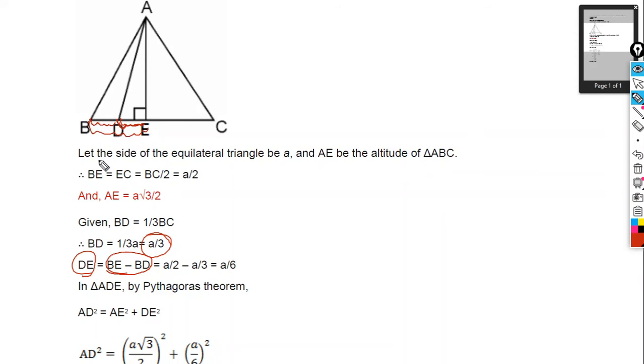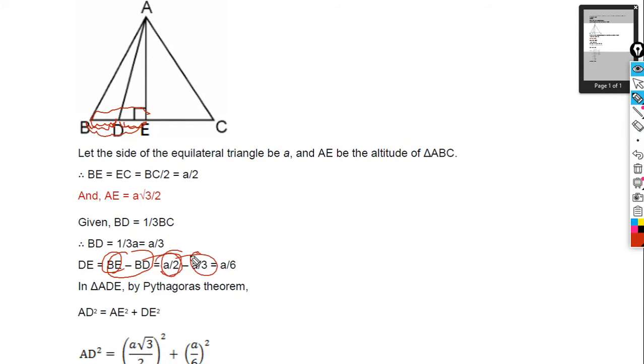Are you getting my point now? DE equal to BE minus BD. Value of BE is A by 2, value of BD is A by 3, given to us.